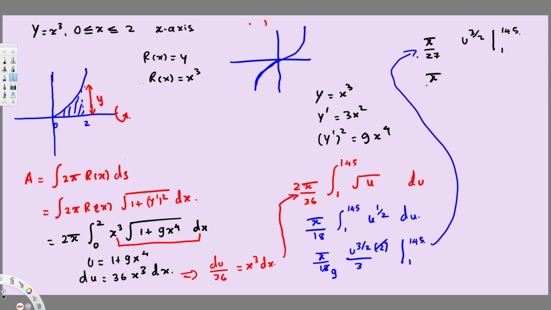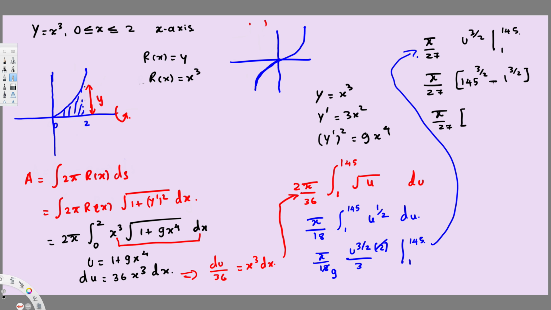So here we are going to have pi over 27 times 145 to the power 3 by 2 minus 1 to the power 3 by 2, right? And we know that 1 to the power anything is going to be just 1, so we don't have to worry about that. So this is going to be pi over 27 and 145 to the power 3 by 2.